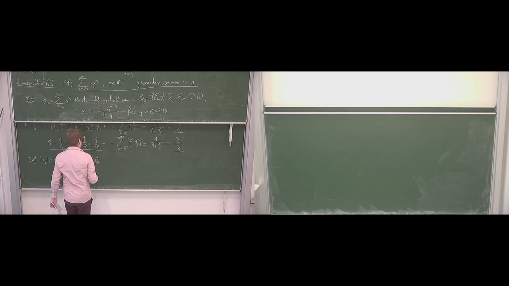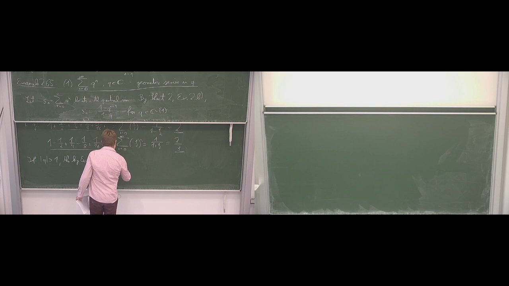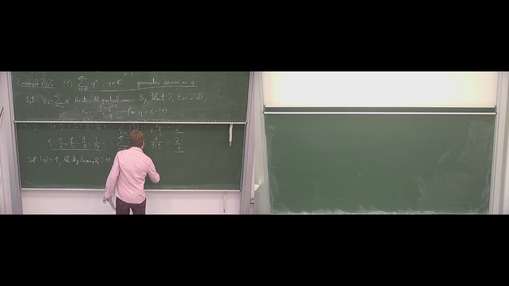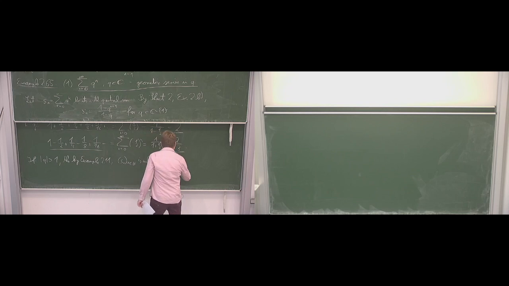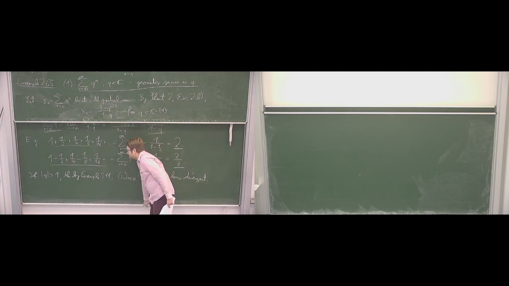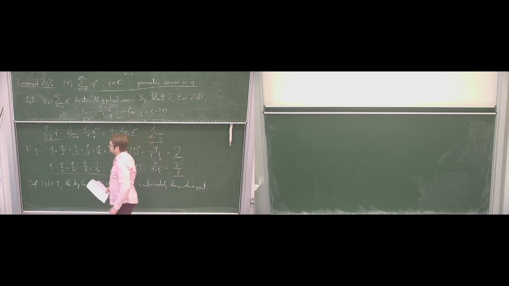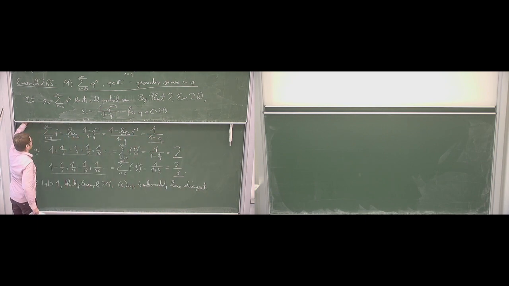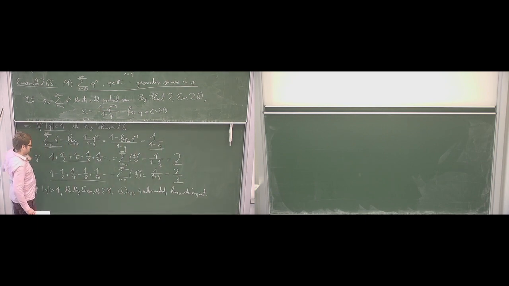There I've shown that the sequence is unbounded, which means that the sequence of partial sums is unbounded. And if it's unbounded, it cannot be convergent by a theorem from before. So in this case, the geometric series really diverges. The case of q equal to 1 we will see some examples of later, but it's also not that easy to handle, but we'll see.